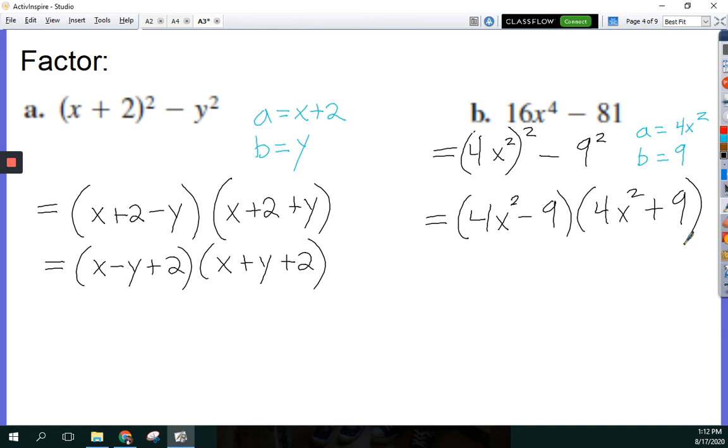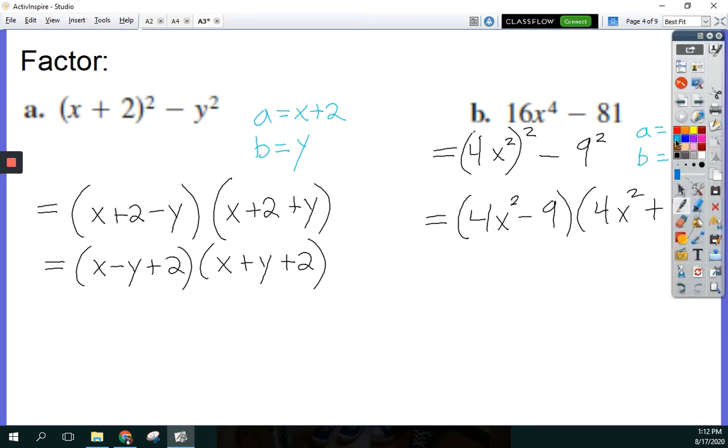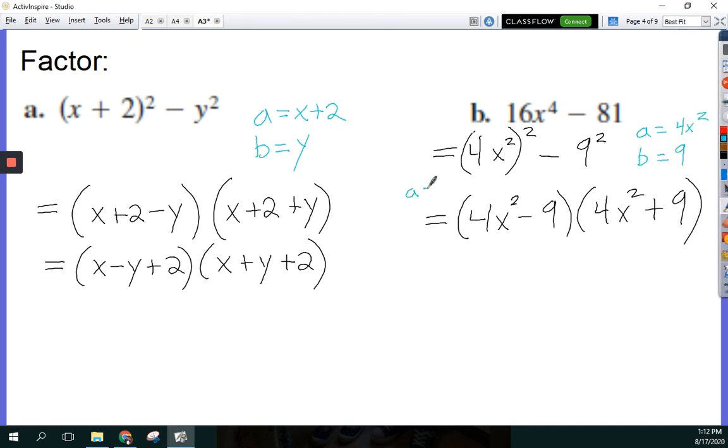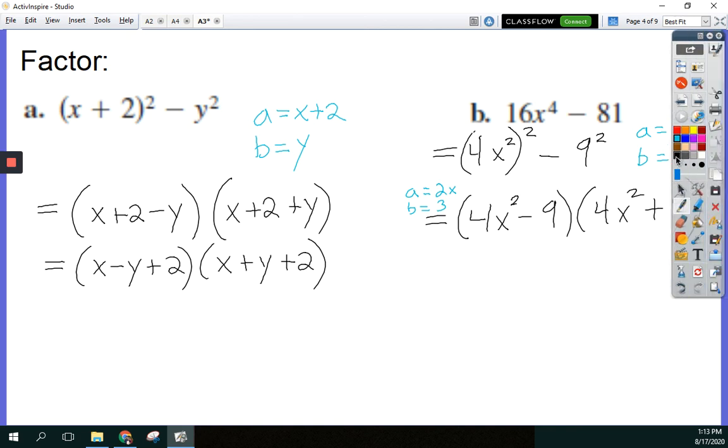And we've heard me repeat it several times now, and in this case it's important to look and see, does this factor any further? Because if we notice our 4x squared and our 9 is another set of perfect squares. So we can use that same difference of perfect squares formula again.